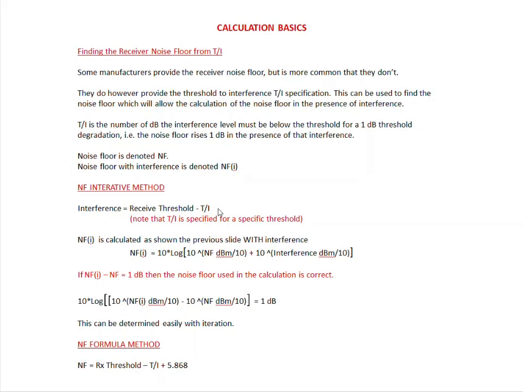My minus 100 I chose. If it came out to be a 1 dB difference in the total, then that's my noise floor. Of course, the chances of you picking the right noise floor initially are pretty low, but you can put it into a spreadsheet and adjust the noise floor assumption, the input, until you get that 1 dB result, and then you know you've got the right answer. Basically an iterative process. So let me show you that in the spreadsheet.